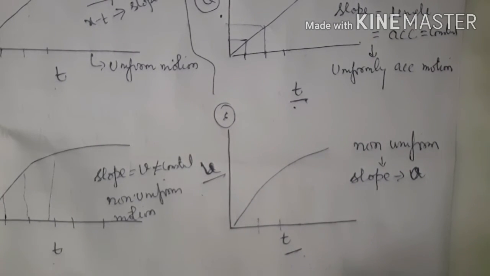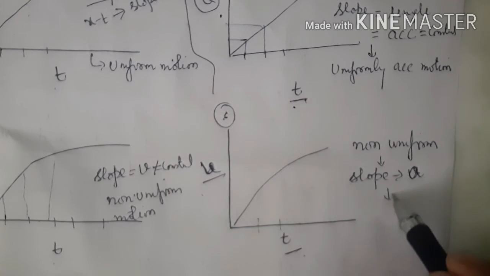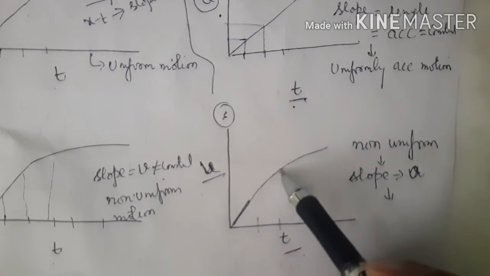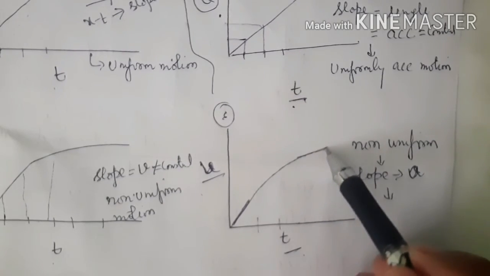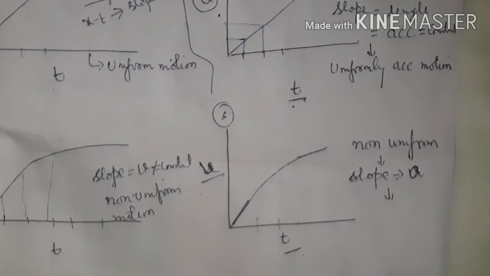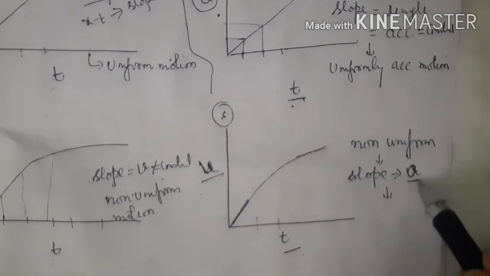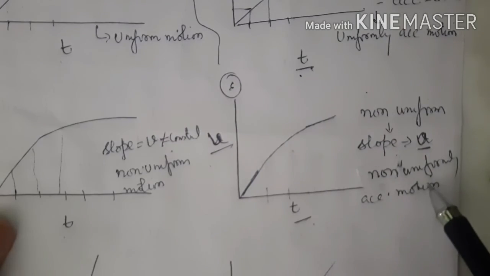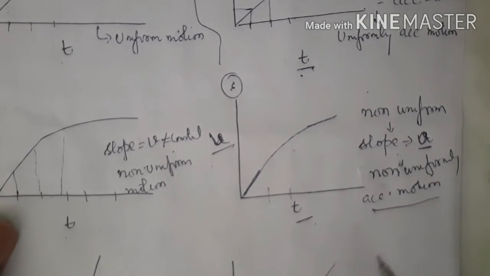Here the slope keeps on changing. Here the slope is more, and as it proceeds forward, its slope keeps on decreasing. So it is not moving with a single acceleration. The slope is changing, so the acceleration will also change. It is non-uniformly accelerated motion.